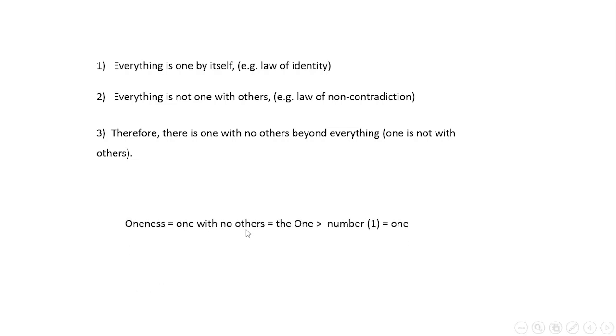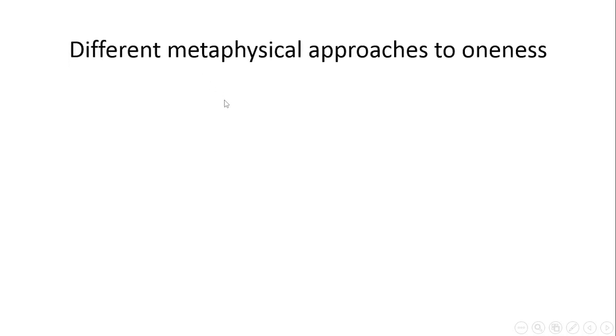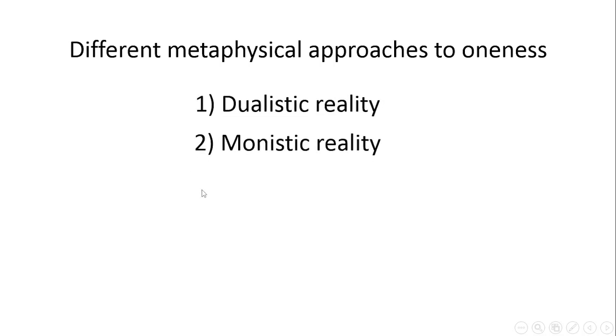As you can see, oneness is the same as one with no others, or the one, which is at least like number one. This monotheistic argument is like a Hegelian dialectic in which we are going to go over 5 approaches to the reality of oneness from a metaphysical perspective.